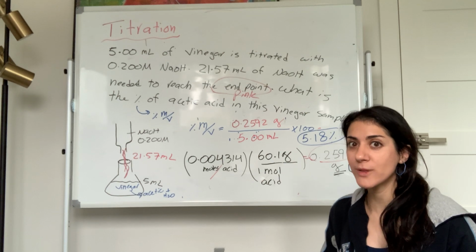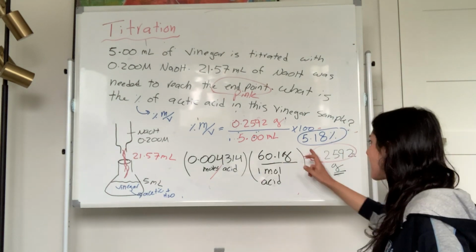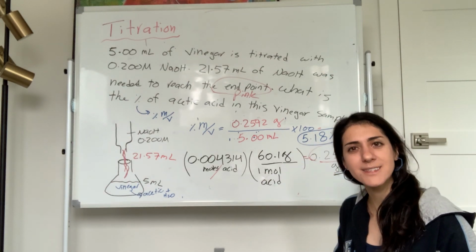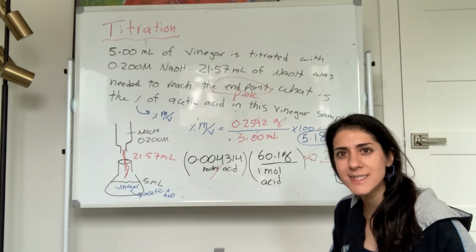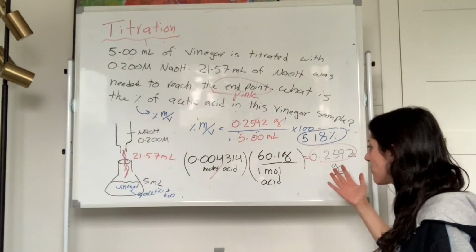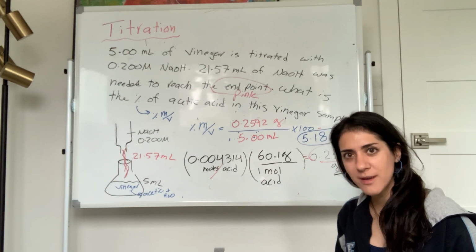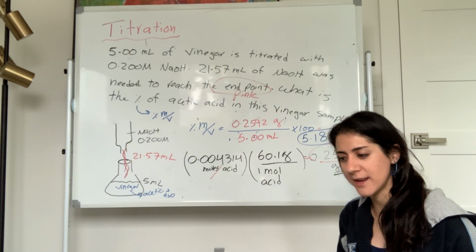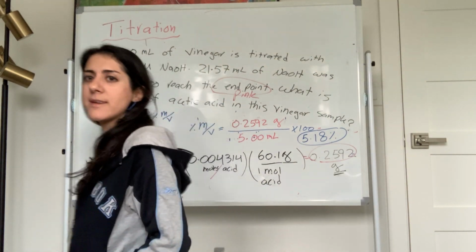And I'm willing to bet, I should probably bet points, right? That it's going to say 5%. Because most vinegar solutions have 5% acetic acid. And now you know what that means. Okay, good job, nice job. Then go look at the sample of vinegar to see how much acetic acid we have in the vinegar.